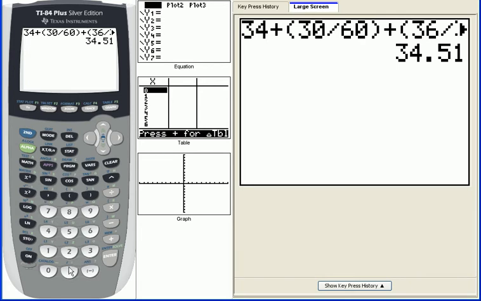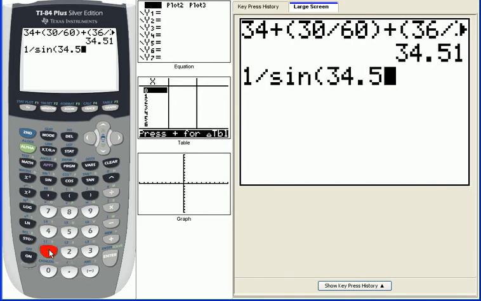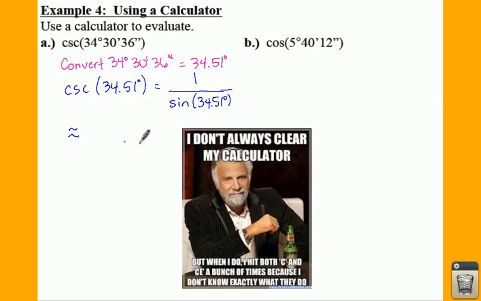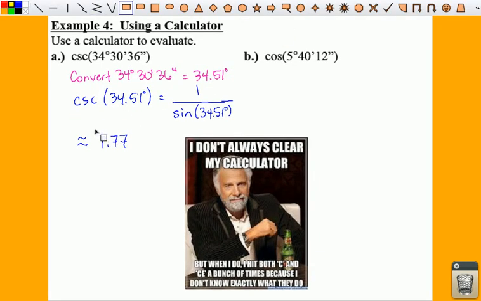Second quit, and we need to take 1 divided by the sine of 34.51 in parentheses, don't forget that. So you get 1.765, so we'll go 1.77. So our answer is 1.77. And that's your solution for A.